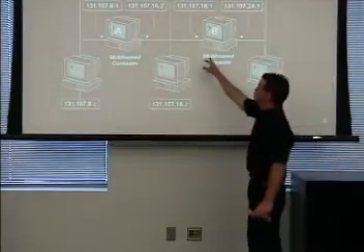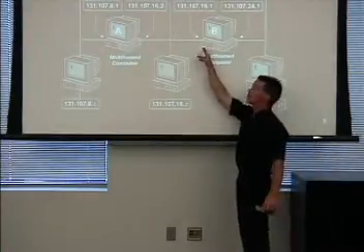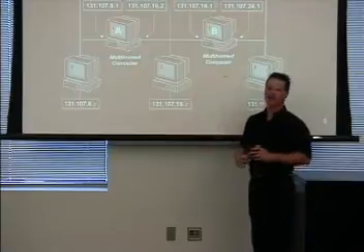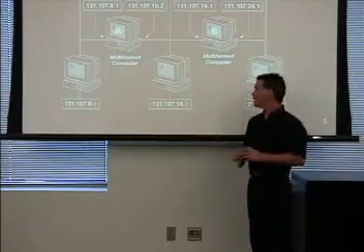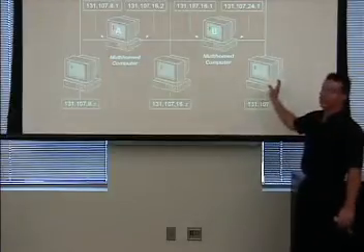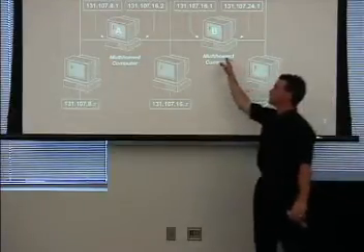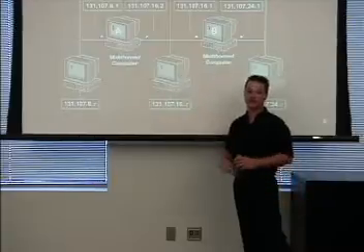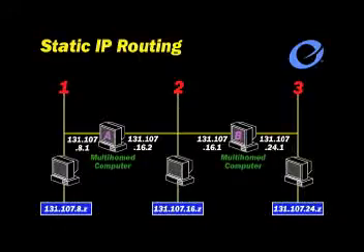Notice also we have a second network interface card inserted of 131.107.16.1. So notice that the information being passed from domains 3 to 1 must pass through both multi-homed computers. So both multi-homed computers must have mappings back to the foreign domains.